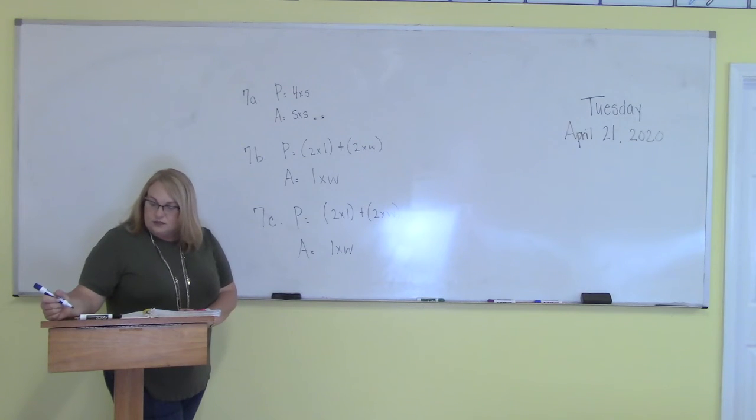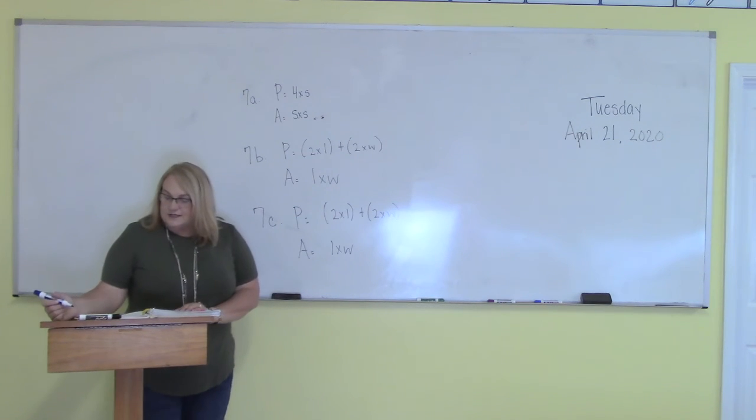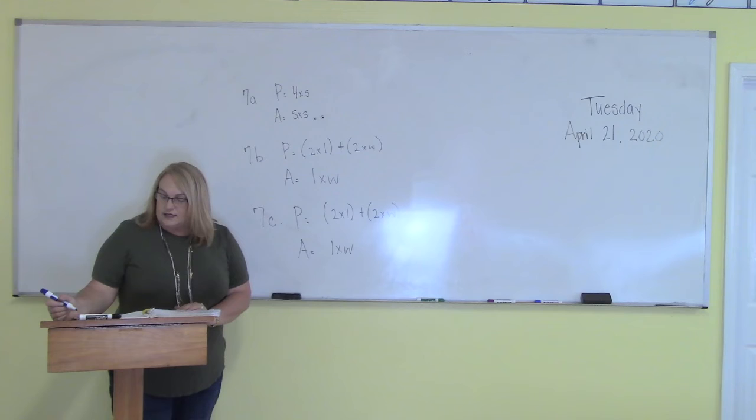Number 8, we're going to do D and E together. So let's look at 8D. 87 hours is how many times as long as 3 hours? Go ahead and work that one out.